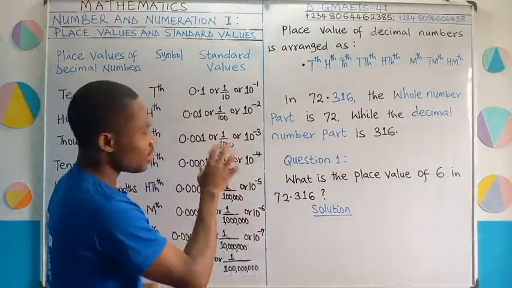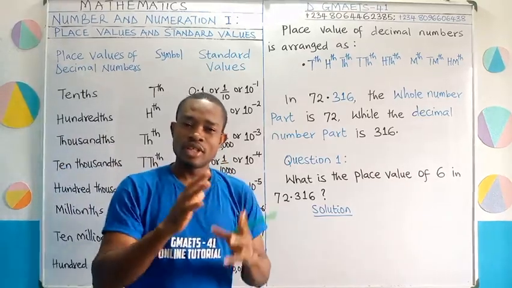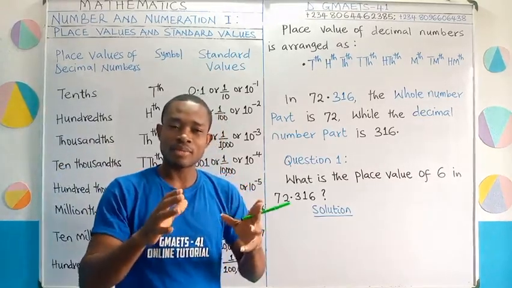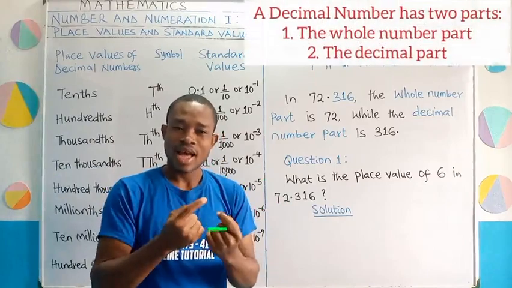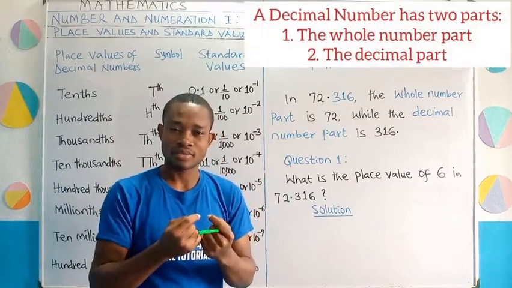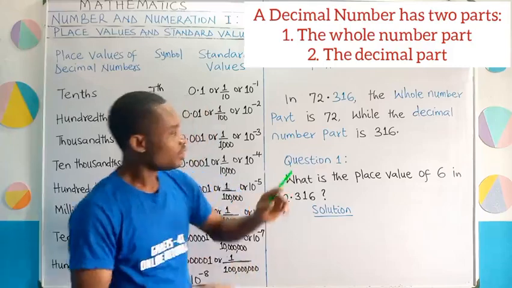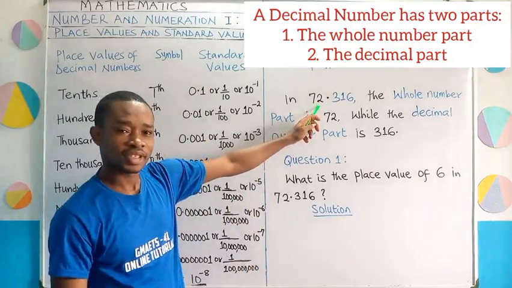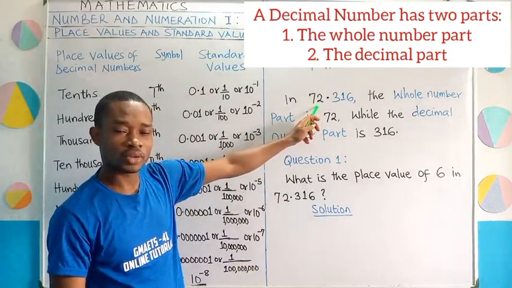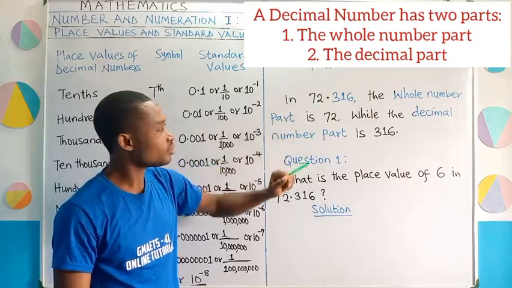Now, if you look at this number, you will notice that a decimal number always has two parts. Are you following? 72 is called the whole number part.